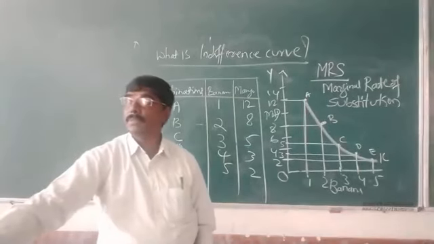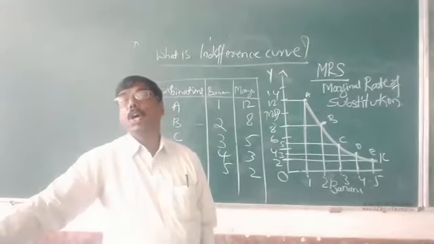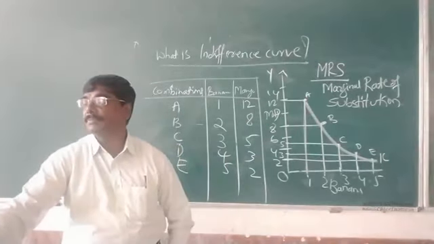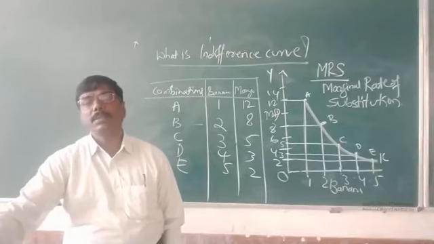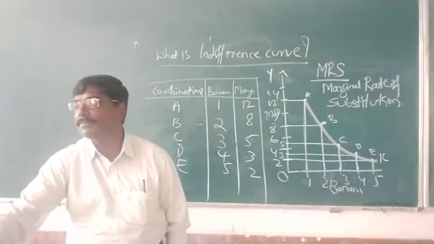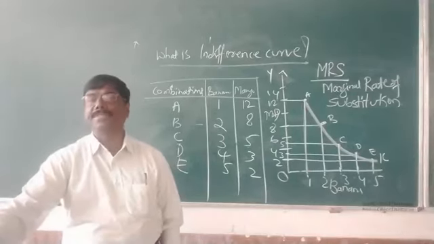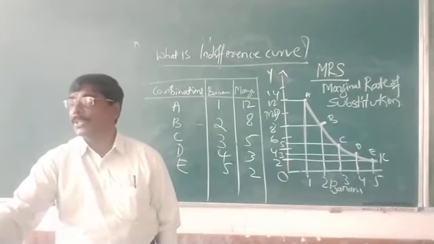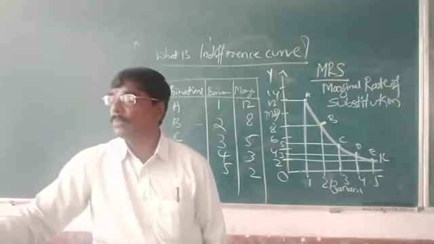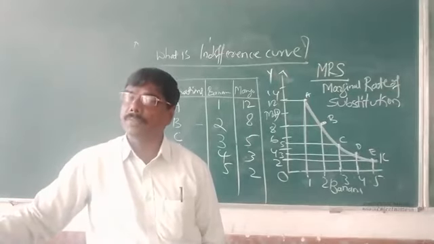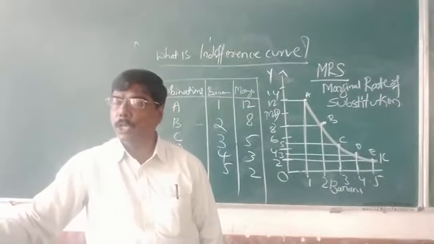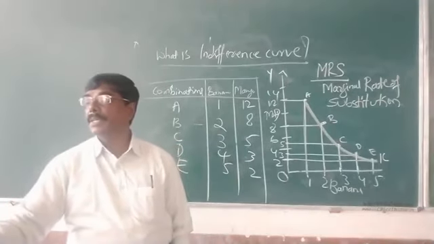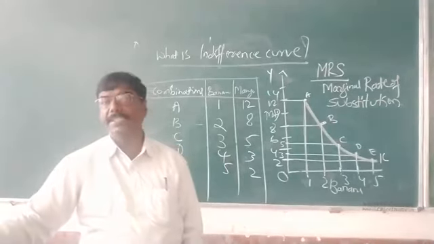MRS refers to how much of a commodity the consumer is ready to give or sacrifice in order to get another commodity.